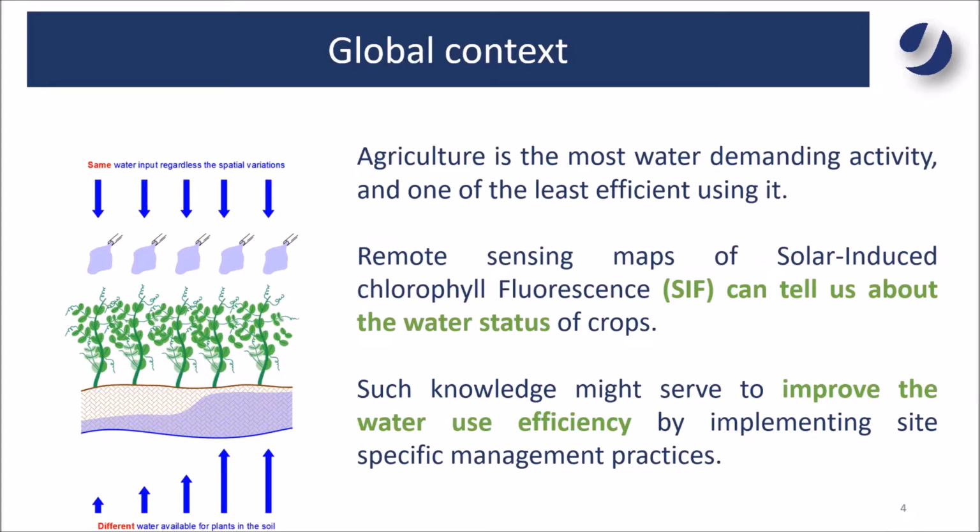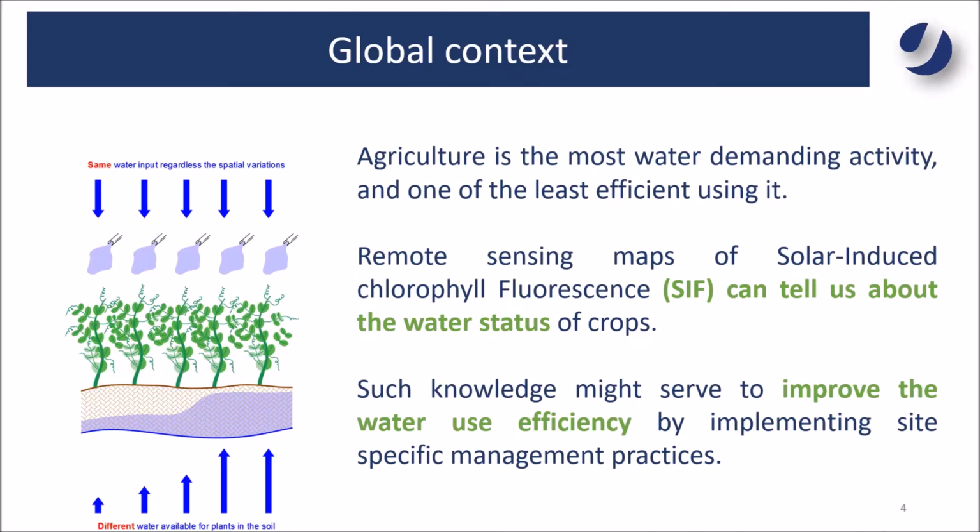As a global context, have in mind that agriculture is one of the most water demanding activities, and it is also not efficient using this resource. So remote sensing studies have been done, trying to help the agricultural sector better understand the water status of the crops, aiming to have better water management practices.